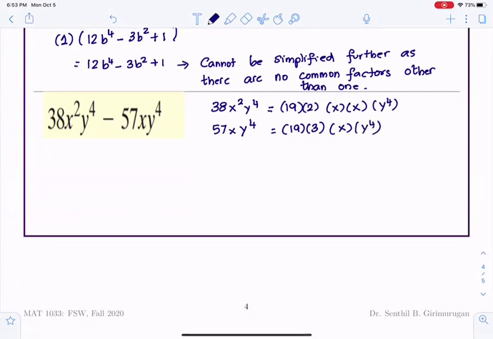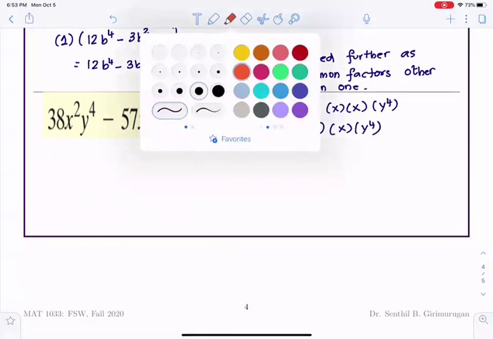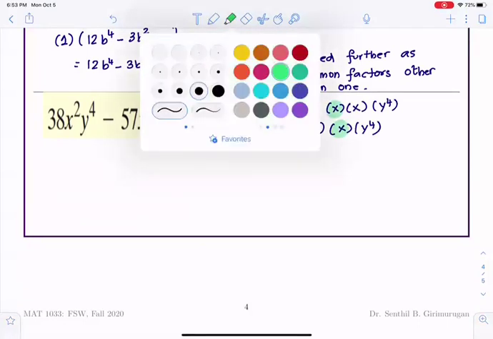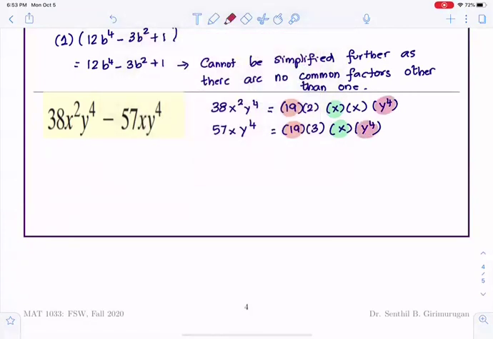So what is in common between the two terms? In terms of the numbers, we have 19 in common. For the x's, we have x in common. For the y's, we have y raised 4 in common. So the greatest common factor is 19x y raised 4.